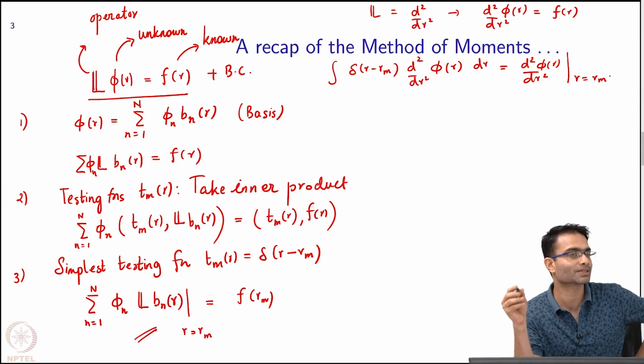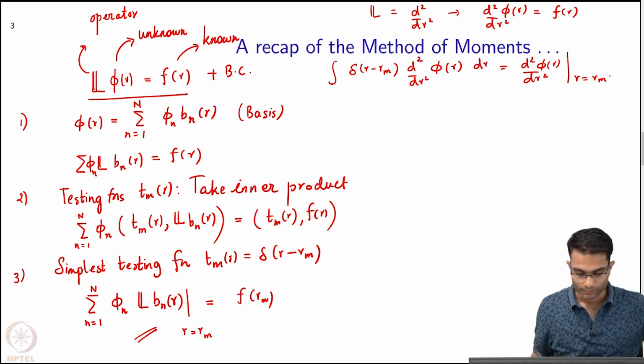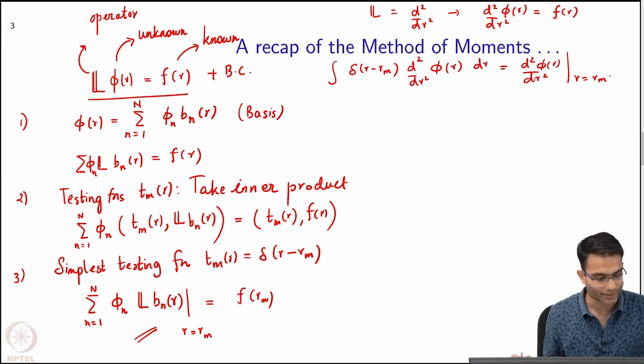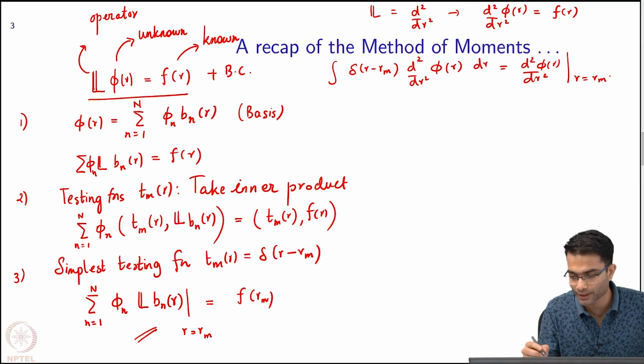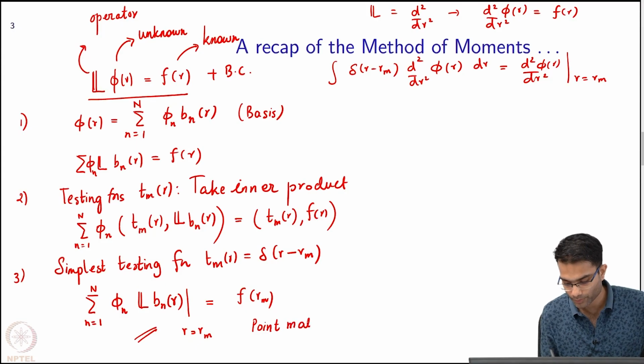That is the only value that survives inside the integral, right. So, this was your testing function over here, and the name we had given for this method was point matching, right, point matching.